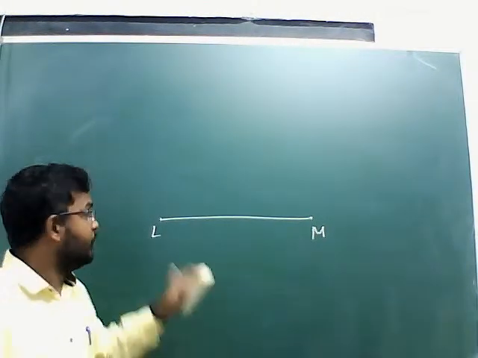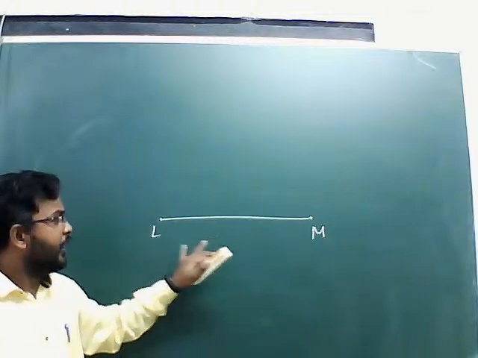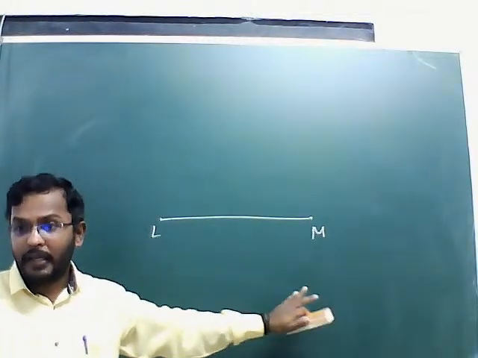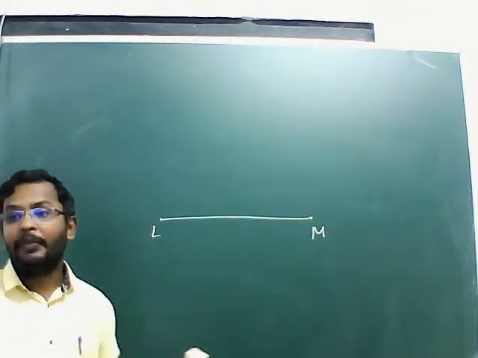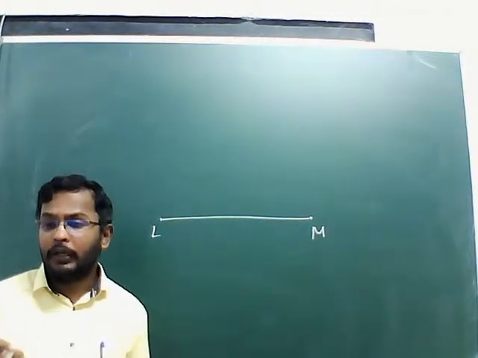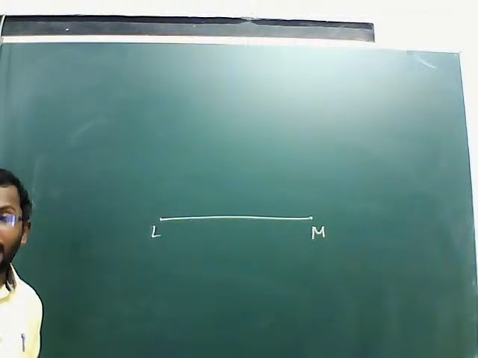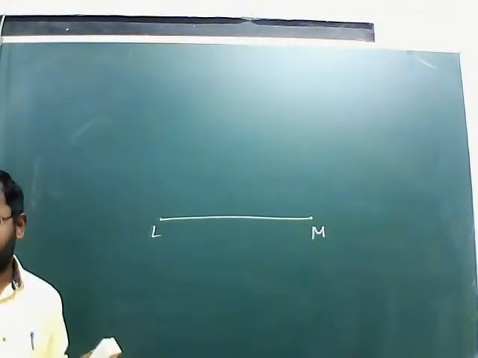Here we have taken L and M as the points. The question was, how many line segments can be drawn? There is only one line segment we can draw between these 2 points.